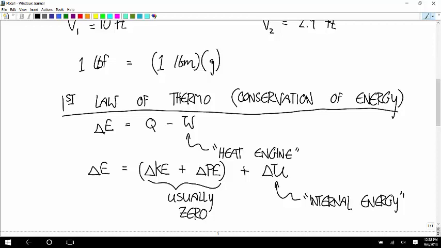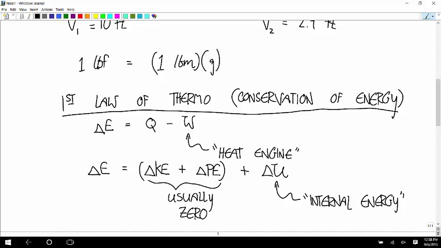Temperature is actually a measure of the kinetic energy of the individual molecules, like an average kinetic energy. So if this is basically measuring a change in kinetic energy of individual molecules, and this is also a change in kinetic energy, what's the difference between those two?